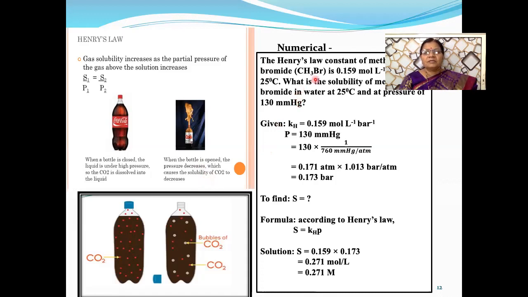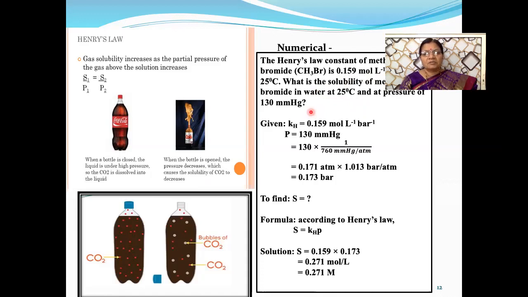Now we see the Henry's law numerical which is based on this law. Henry's law constant for methyl bromide is given, which is 0.159 mole per liter per bar at 25 degrees Celsius. What is the solubility of methyl bromide in water at 25 degrees Celsius and at a pressure of 130 mm mercury?